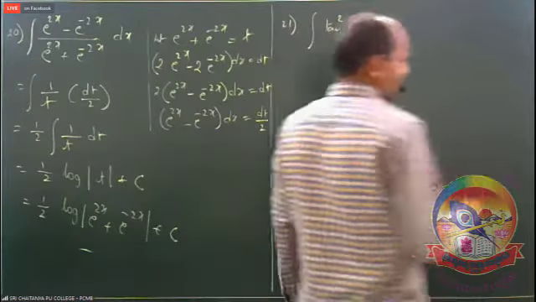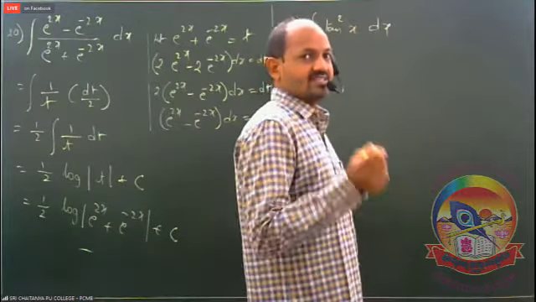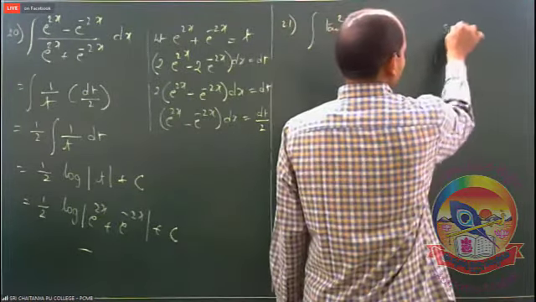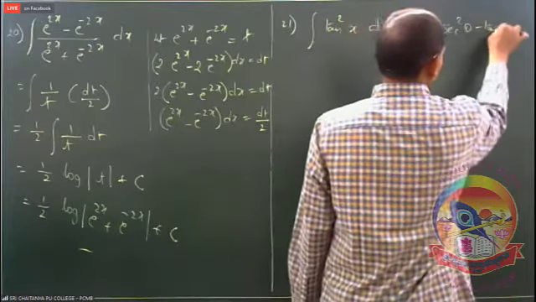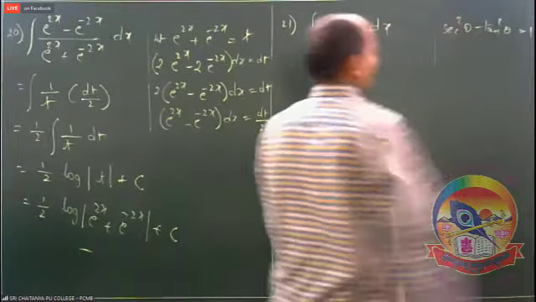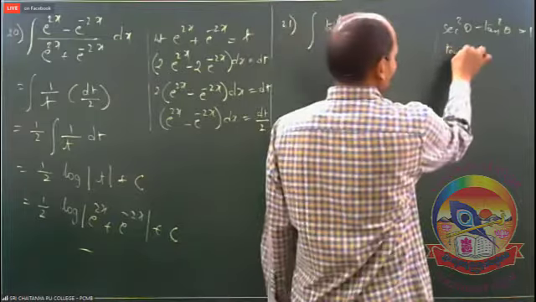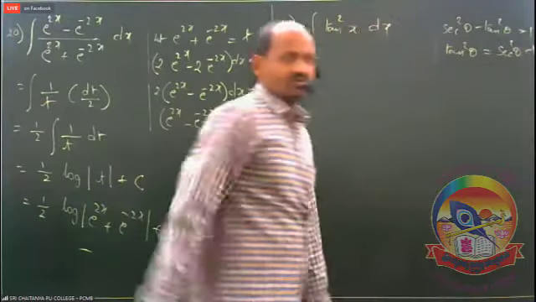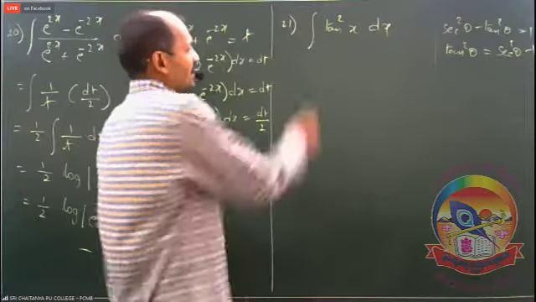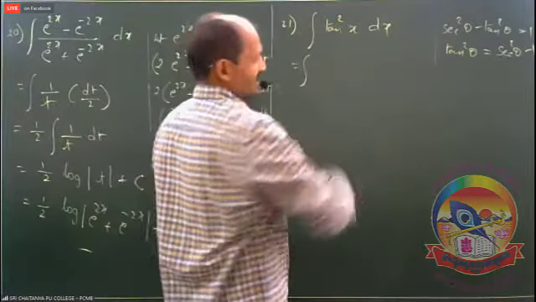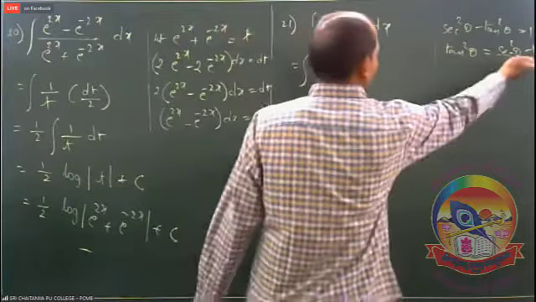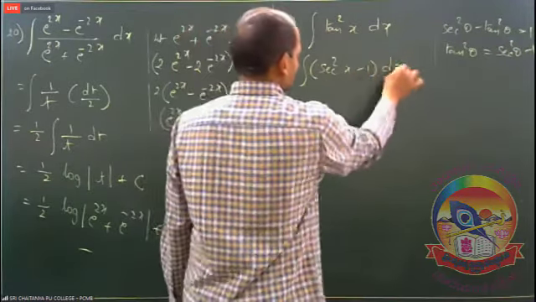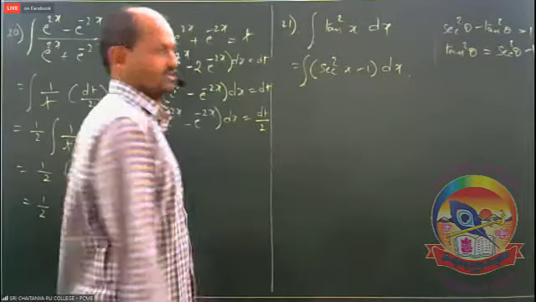So first, you know the trigonometric identity: secant square theta minus tan square theta is equal to 1. Here tan square theta is equal to secant square theta minus 1. So instead of tan square x, that is secant square x minus 1. Now apply the integration.